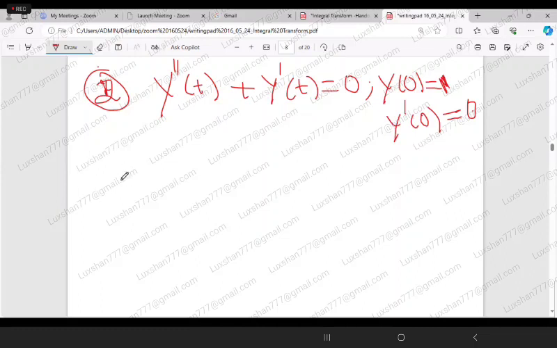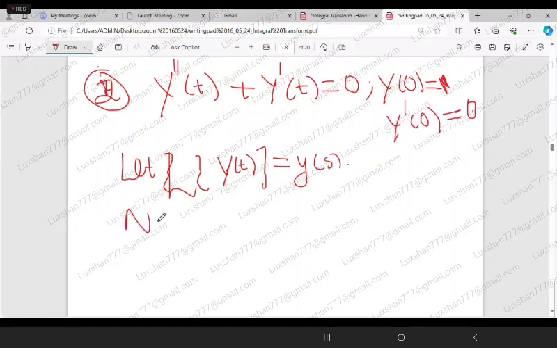So before that we have to write, let, you have to write this one, okay? Laplace transform of capital Y(t) equal to small y(s).